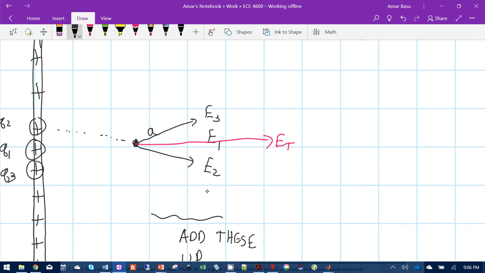Similarly, if we have two other vectors like this, E4 and E5, their y components will cancel each other. The y components cancel, and you end up with an electric field that's just pointed in the x direction.